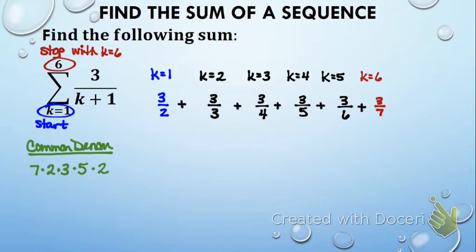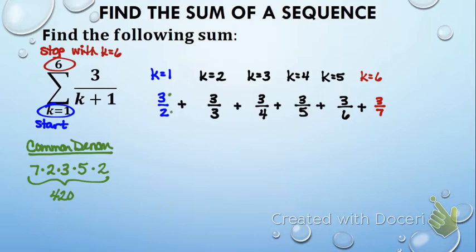When we're finding a common denominator, we want to look for all the prime numbers. Multiply your prime numbers together. What do you get if you multiply all those? 420.